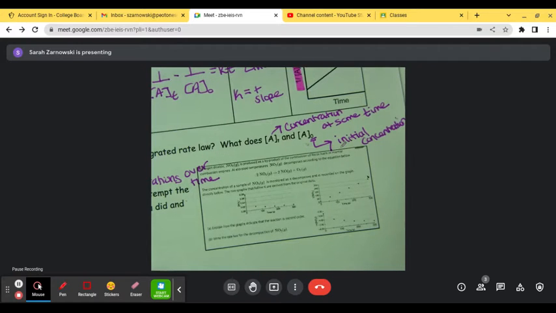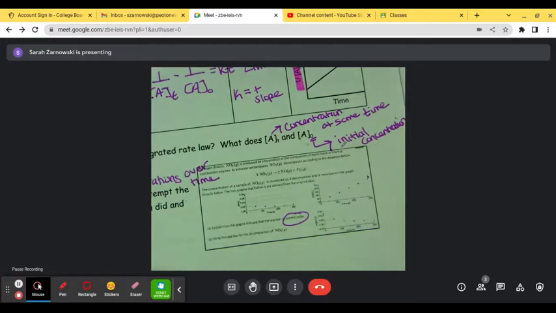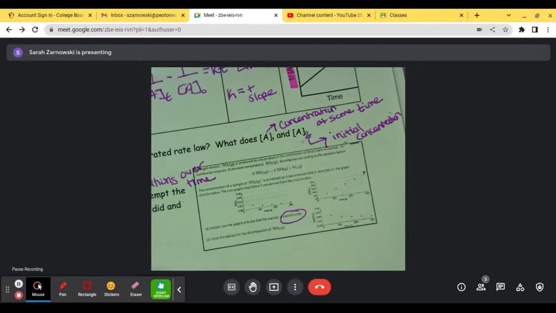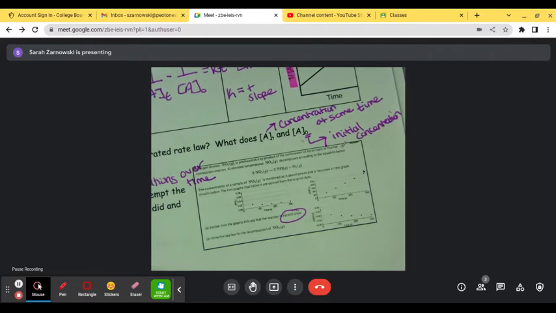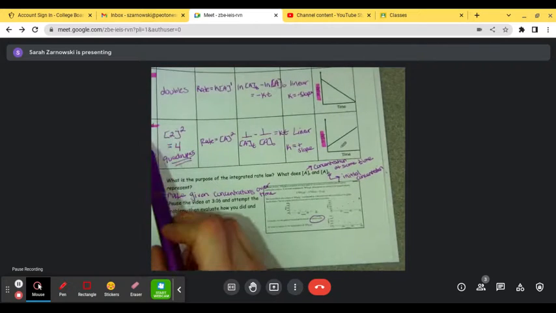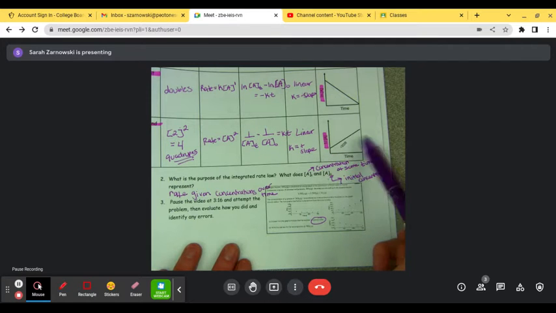Explain how the graphs indicate that the reaction is second order. So we need to figure out of these 3 graphs that are given, which one is second order and how do we know that? So if I go back up to our notes, where we find second order, we should find a graph that has a linear line with a positive slope, because that means it's second order.